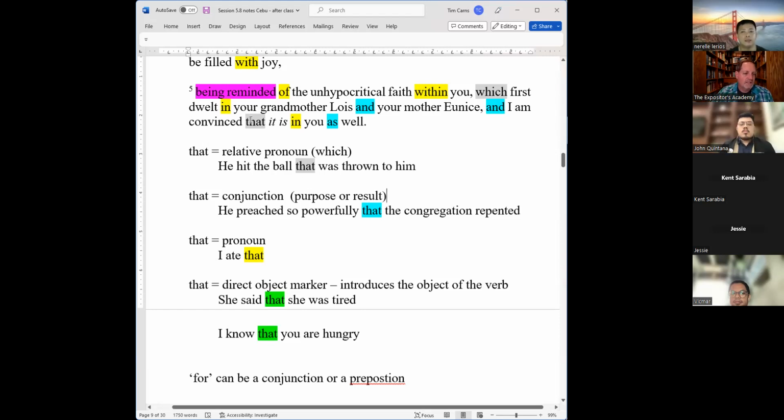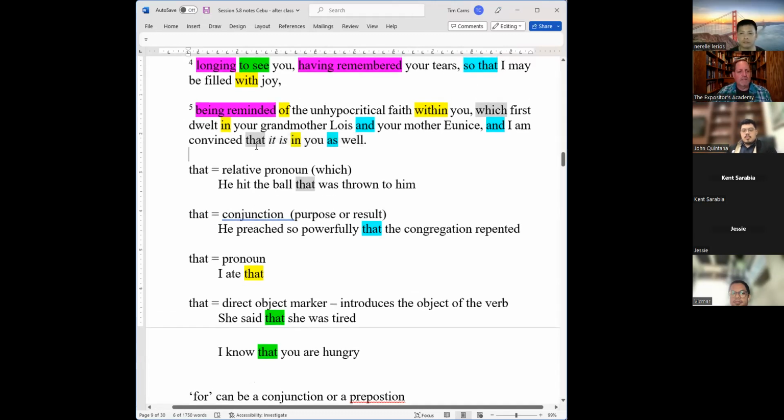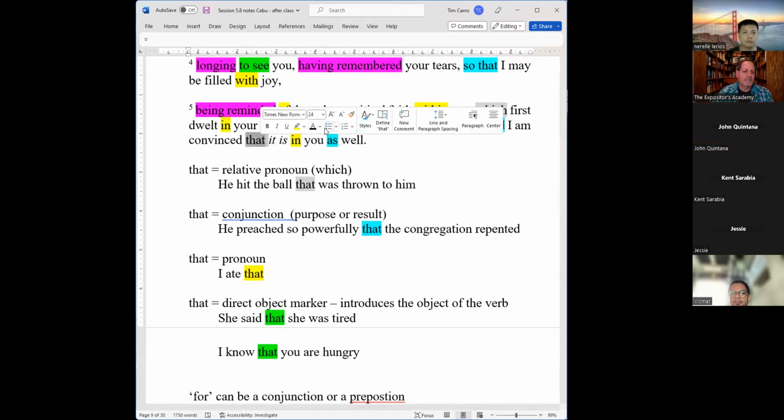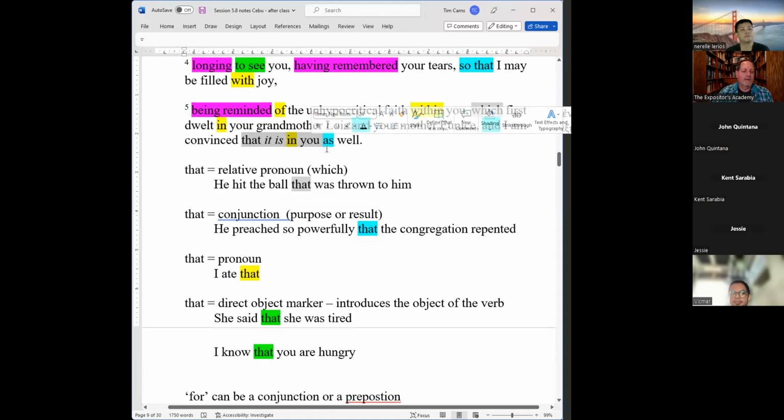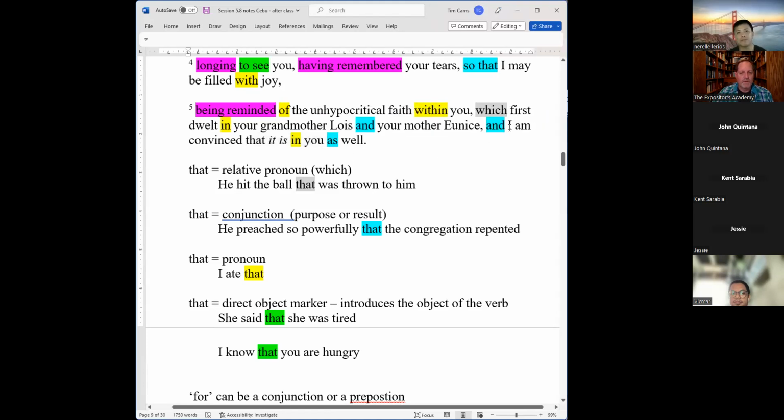So it seems to be introducing the object phrase or object clause connected to "convinced." I am convinced of what? That it is in you as well. So in this case, I don't think it's functioning as a connector word. It's continuing the sentence. I am convinced that it is in you. That all goes together as one clause.